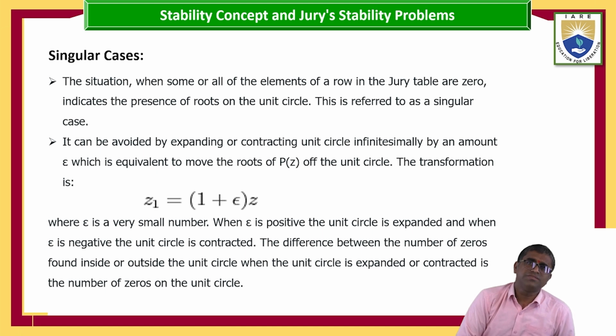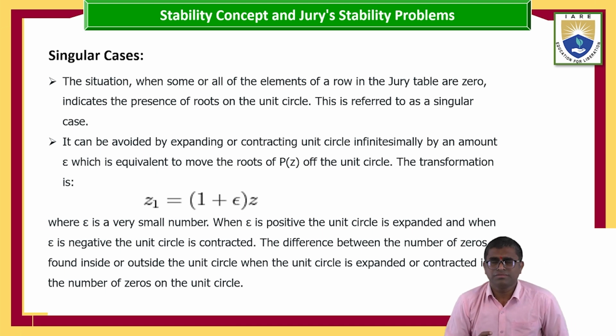Why? Because the difference between the number of zeros found inside the unit circle and outside the unit circle, when the pole will be nothing but the unit circle, is explained or coordinated by the number of zeros. Okay. So what happened? It is coming to us within the unit circle.